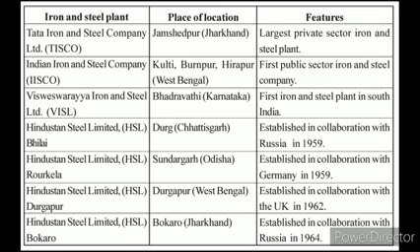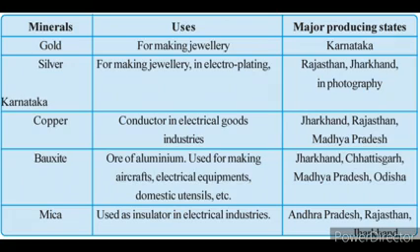As a metallic mineral, manganese is very important for mineral industries, and these are the features of manganese as a metallic mineral. And this is the table that gives the details of non-ferrous minerals like gold, silver, copper, etc., and their uses and major producing states.